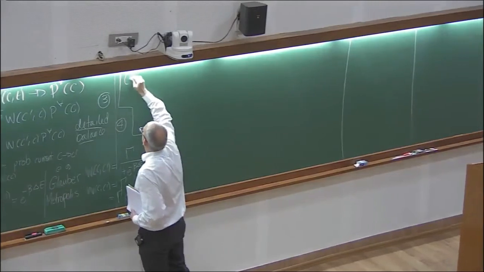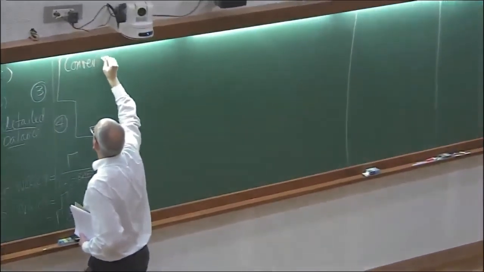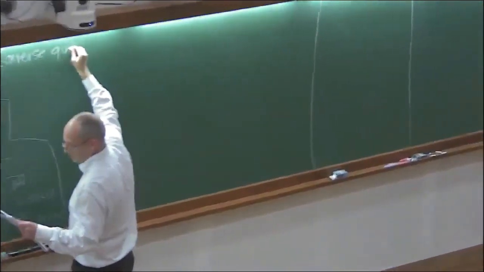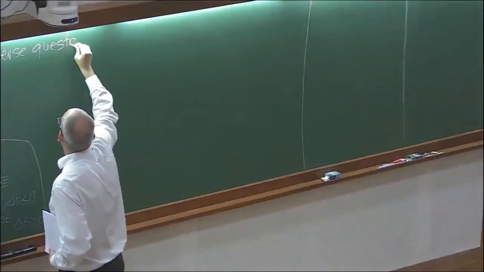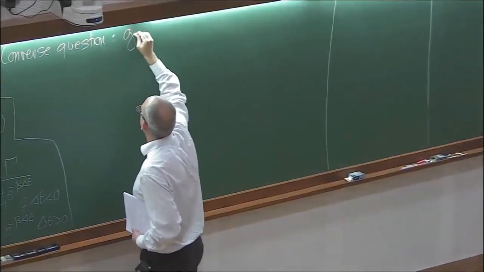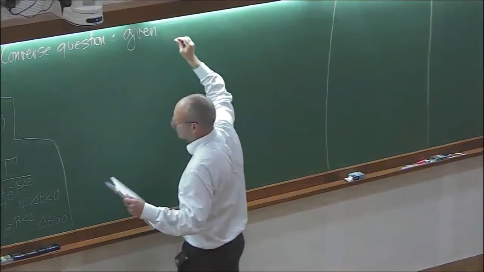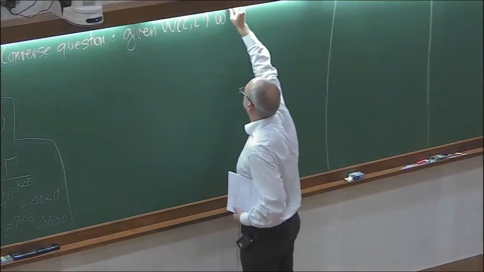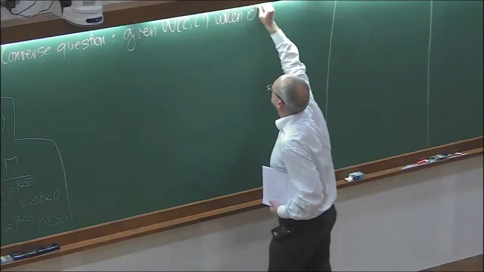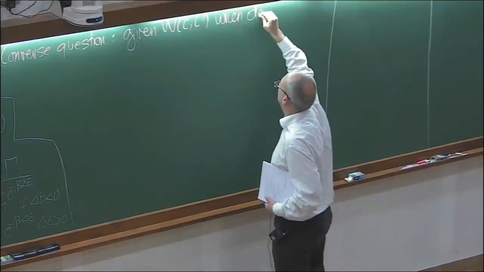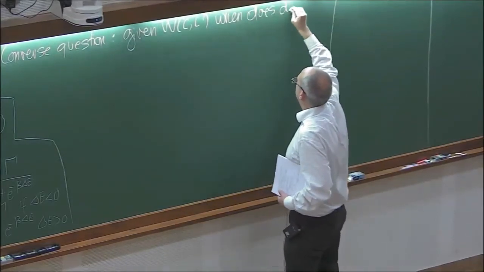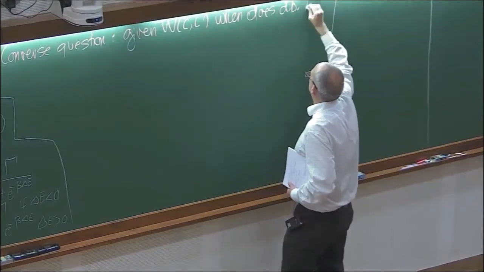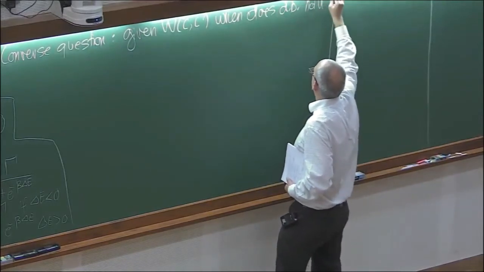So the converse question: given our transition rates, when does detailed balance (DB) hold?